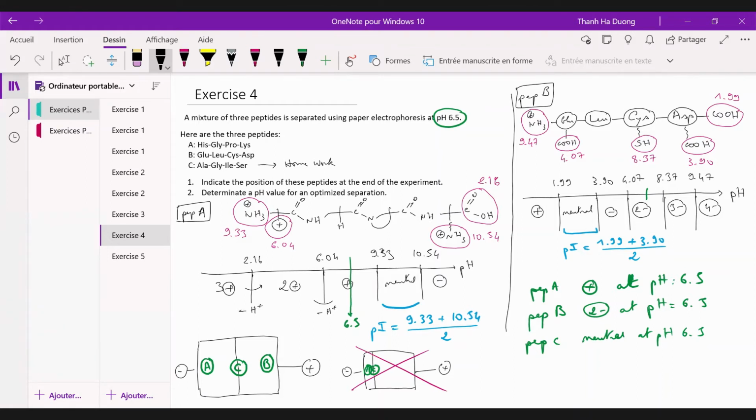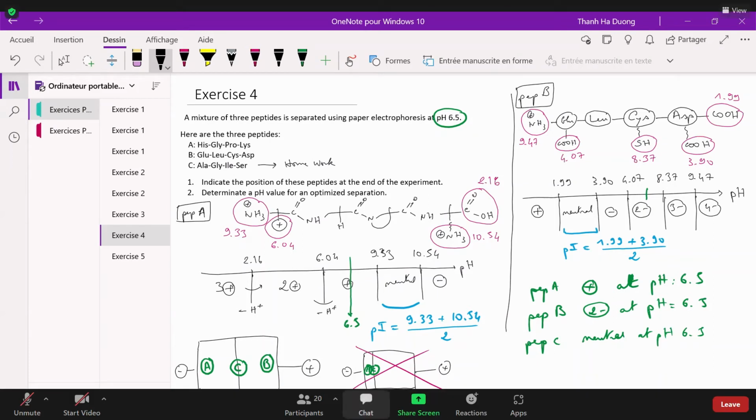I am a little bit confused when I determine which group releases the hydrogen when the pH increases. Oh, the red circle, right? If it's positive or neutral.